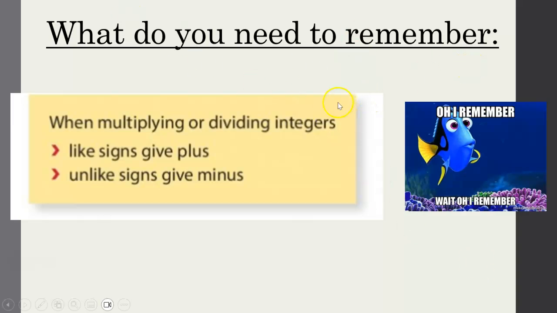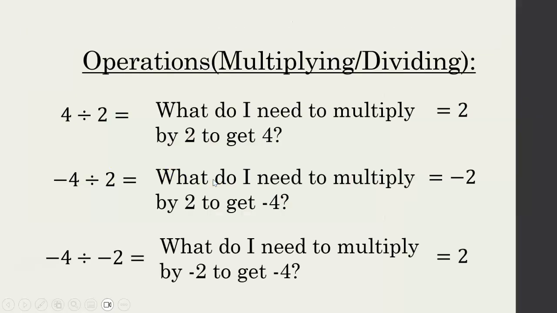What do you actually need to remember? When multiplying or dividing integers, like signs give plus, unlike signs give minus. What does that mean? See the way these are both plus? This is a positive number, this is a positive number. So it's going to be a positive number. Now I have a negative number and a positive number, so it's going to be a negative number.